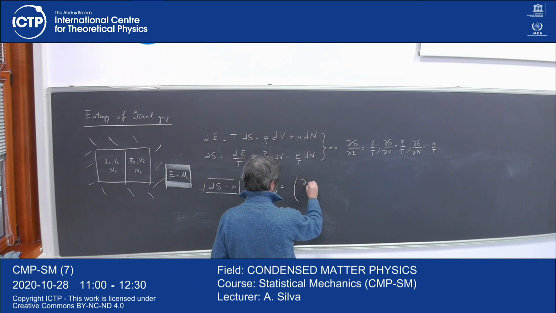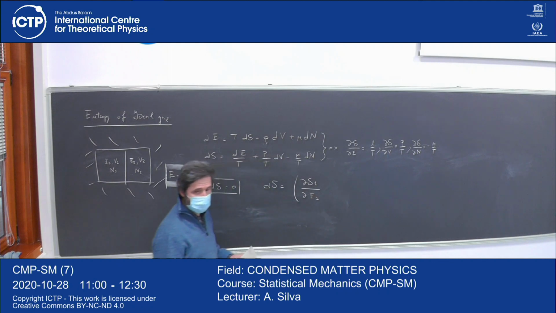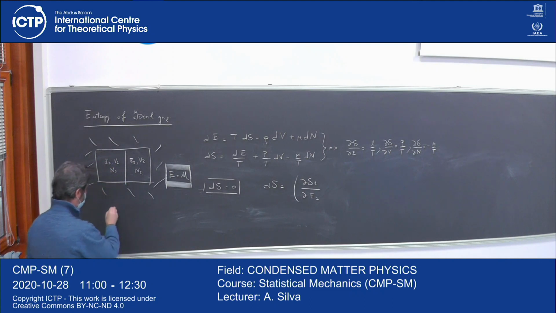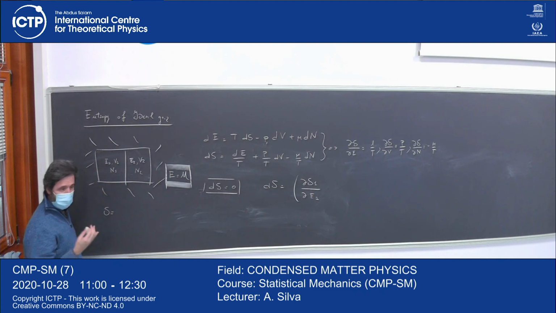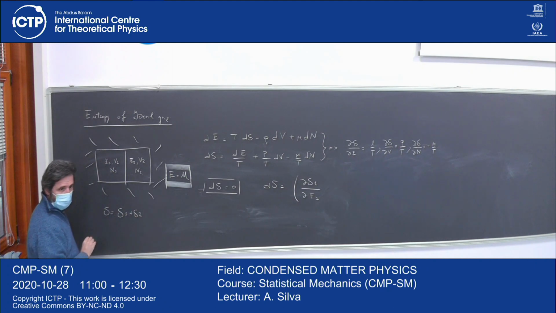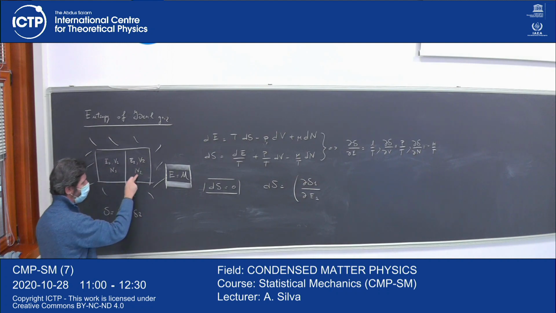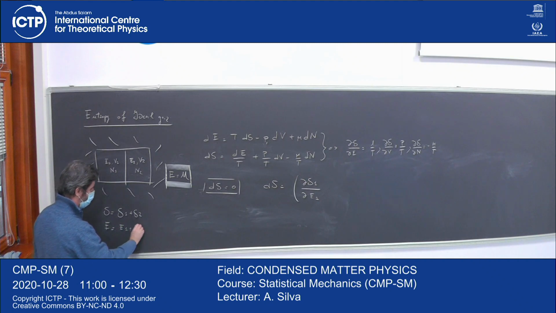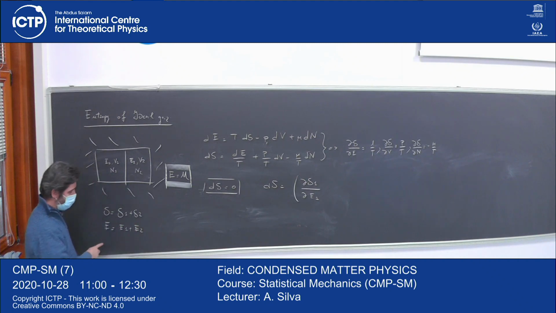But dS is equal to what? S1 is the entropy of the first system. So I know that S is extensive, right? So S is equal to S1 plus S2. S1 is a function of E1, V1, and N1. S2 is a function of E2, V2, and N2. At the same time, E is also extensive, E1 plus E2. And notice that the total E is fixed.